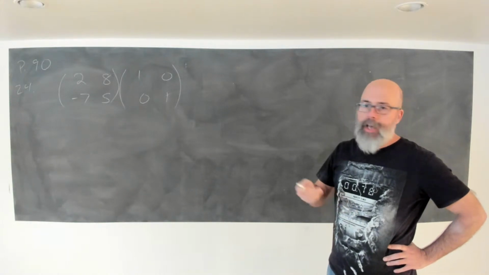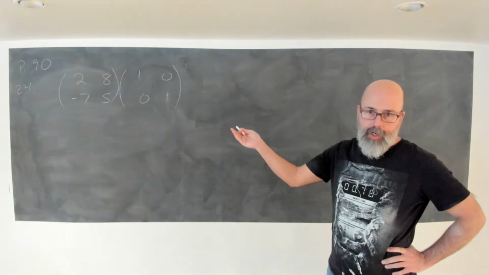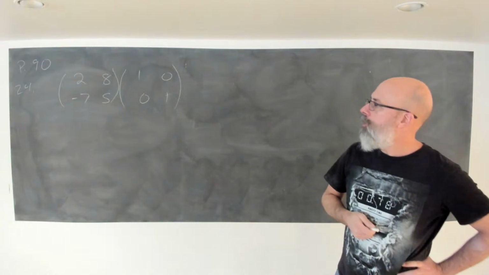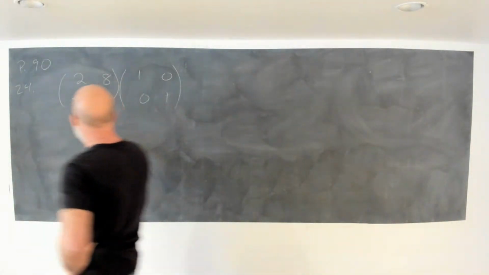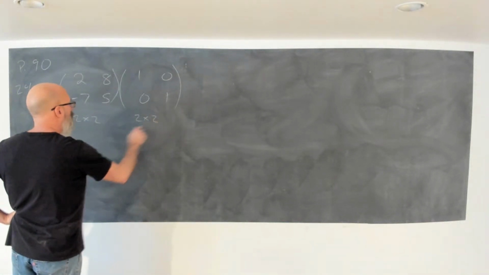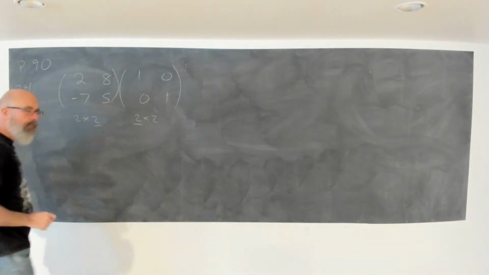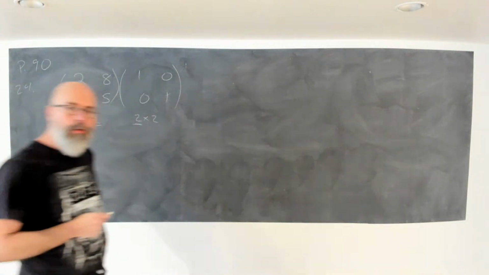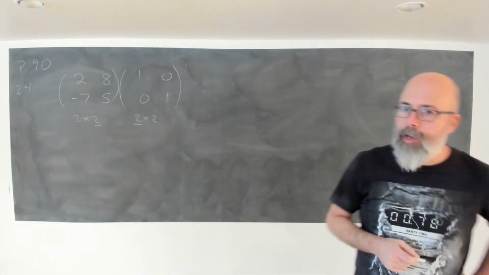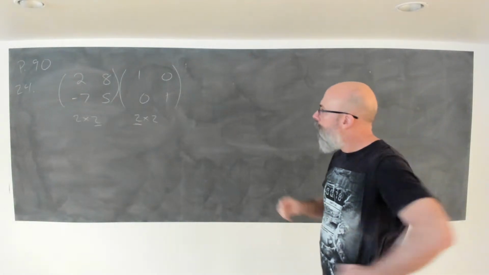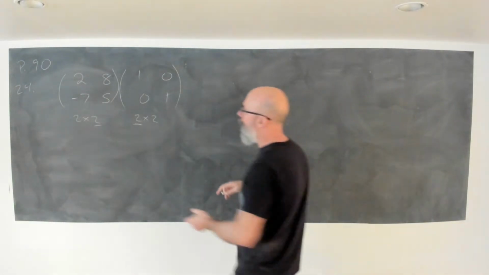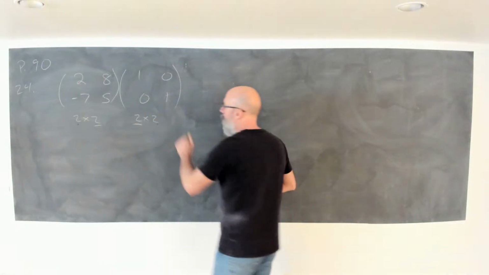So let's ask the question, first of all, what are the sizes of each of these matrices? This is a square matrix of size 2 by 2, and so is this one. So multiplication is defined because these two twos are the same. And the multiplication will result in a matrix of size 2 by 2.